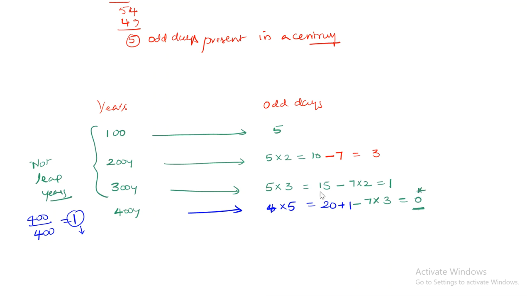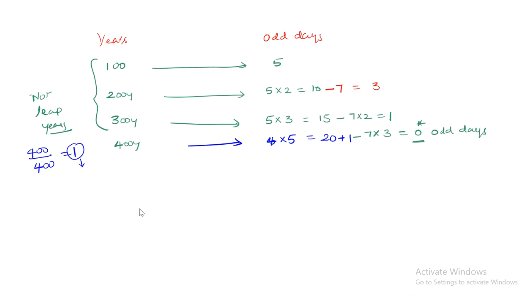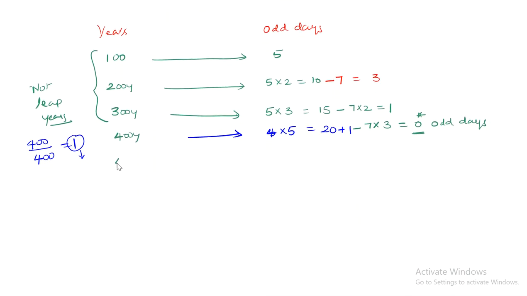So a very important point: for a leap year century of 400, there will be 0 odd days. Similarly, you can take multiples of 400: 400 into 2, 400 into 3, 400 into 4, 400 into 5.